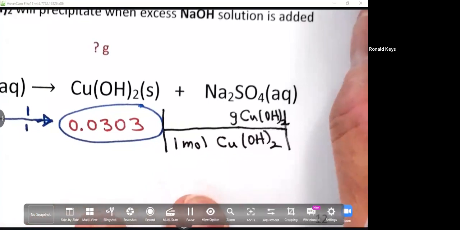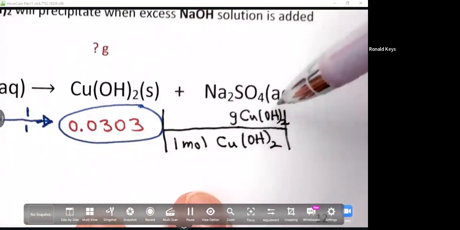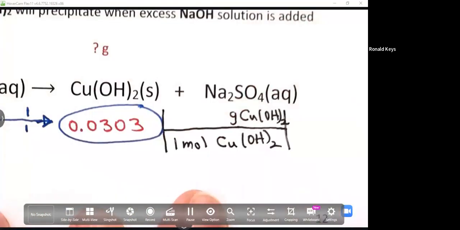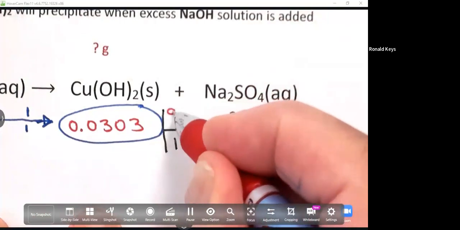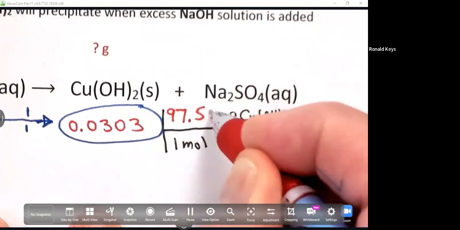We could do this reaction in lab if we just filtered out copper 2 hydroxide. This would go through the filter paper. Molar mass there is, I believe, 97.57.